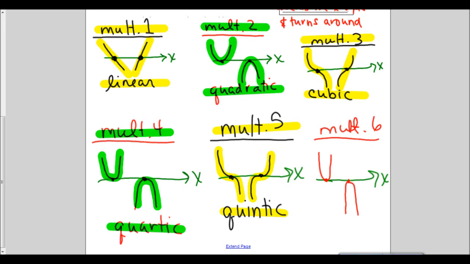You could go from the left or from the right, doesn't matter. To get a multiplicity of 6, again, it's going to make a U shape. This U shape is a little more extreme than the lower power U shapes, but all of the even powers make U shapes when they touch the axis, and all of the odd powers make going through or a bendy shape when they touch the axis.